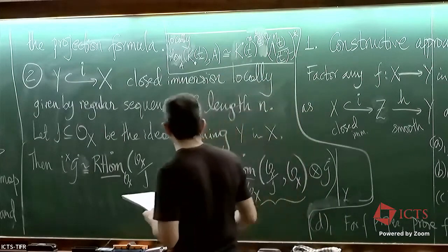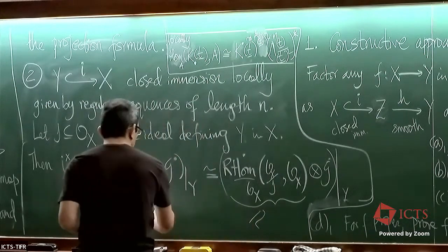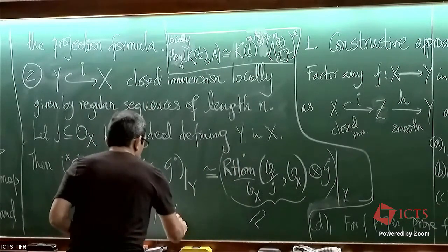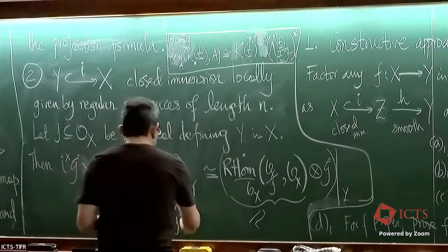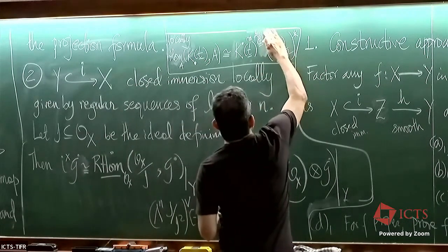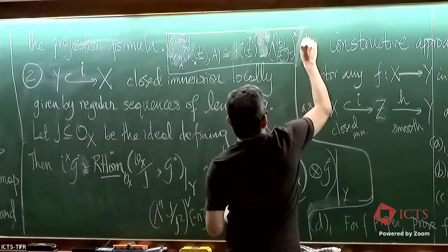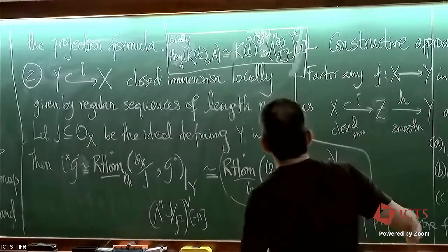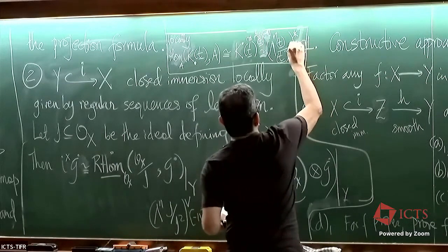And so using that, what we get is that this is isomorphic to wedge n of I mod I squared, dual, shifted by minus n, since the shift by n to the right is by convention minus n.